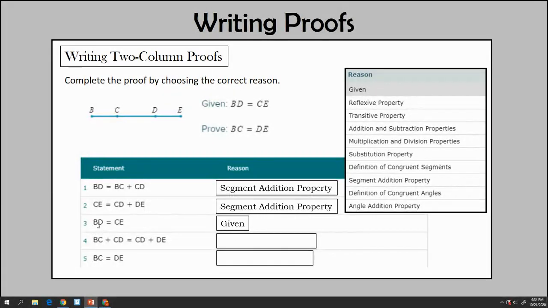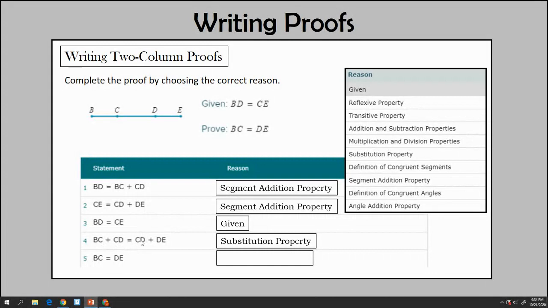You see how we got BD here, and up here BD equals BC plus CD? So since BD is equal to this sum, I can put this sum in place of BD. Since CE equals this sum, in place of this CE, I can put the sum. So this is substitution.